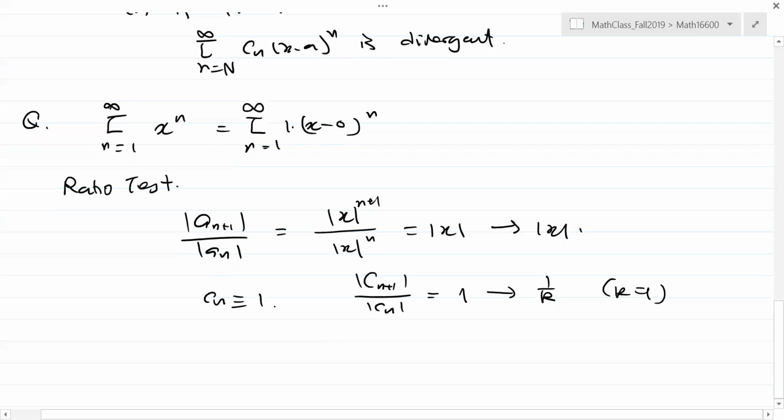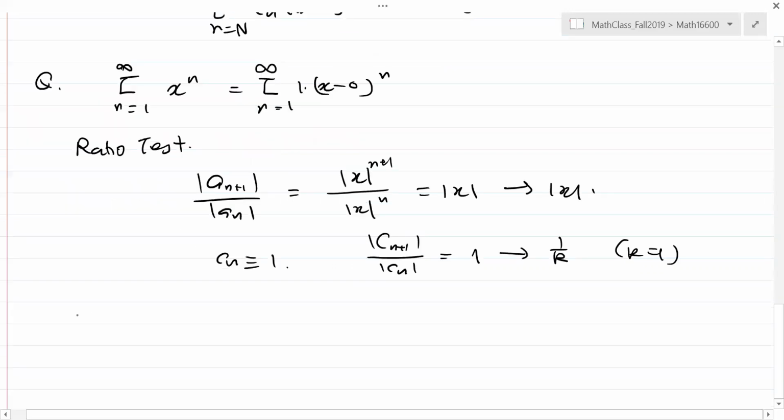So we conclude that if the absolute value of x is less than 1, then this series, which starts from 1, doesn't matter, the series of x^n is absolutely convergent.